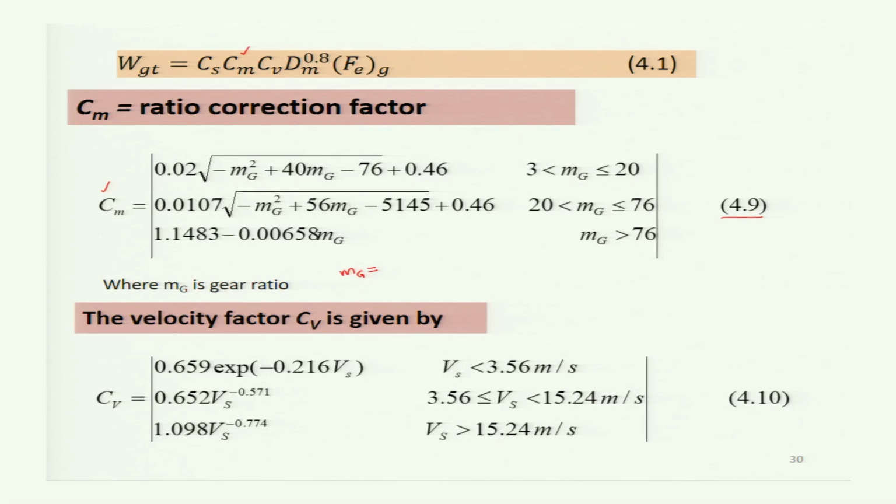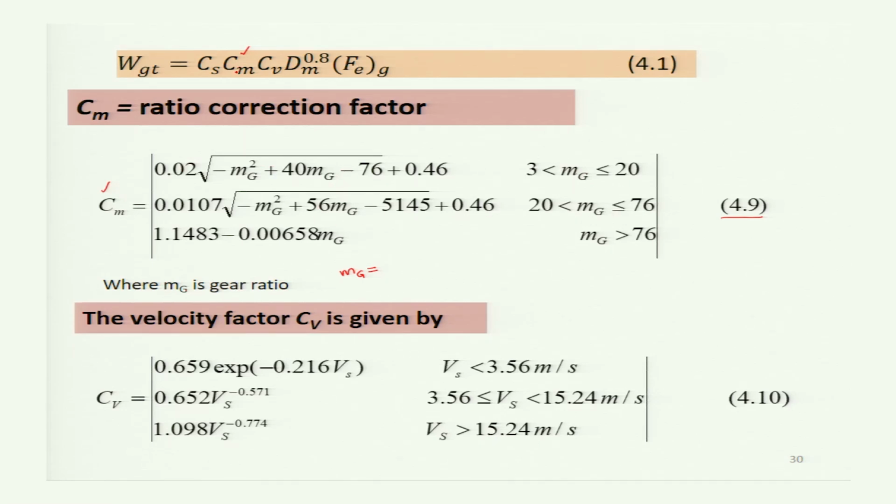The gear ratio mg is number of teeth on the gear divided by number of teeth on the pinion. Okay, so in this case your pinion is the worm.